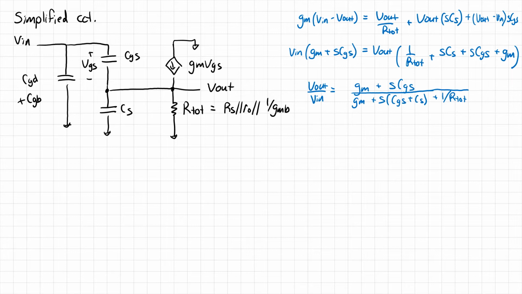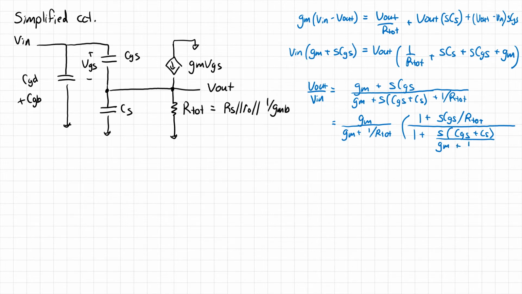It's always kind of messy when it's not obvious where your poles and zeros are. So I'm going to simplify this a little bit in the following way. I'm going to pull out the DC, or the midband gain, I suppose: GM over GM plus 1 over R tot, times 1 plus S CGS over GM, all divided by 1 plus S times CGS plus CS divided by GM plus 1 over R tot.